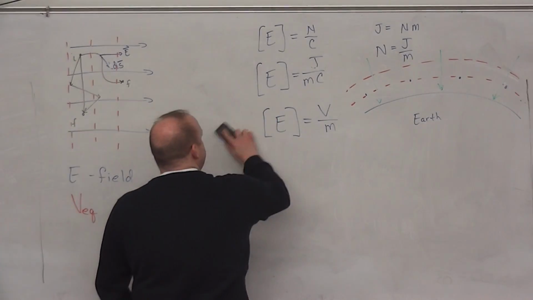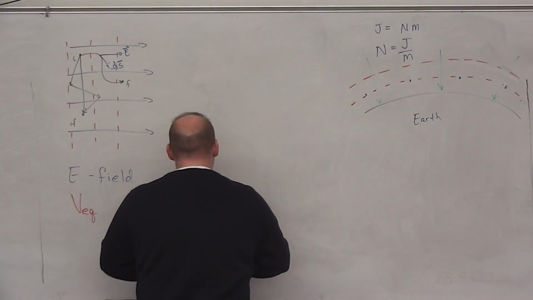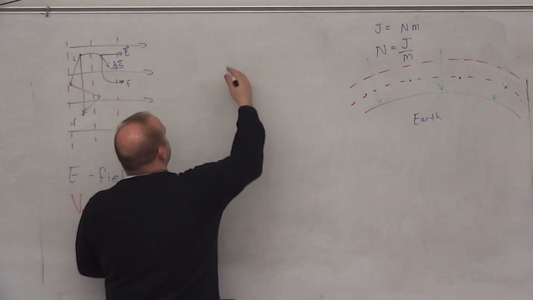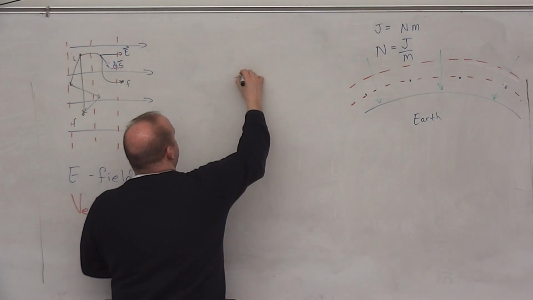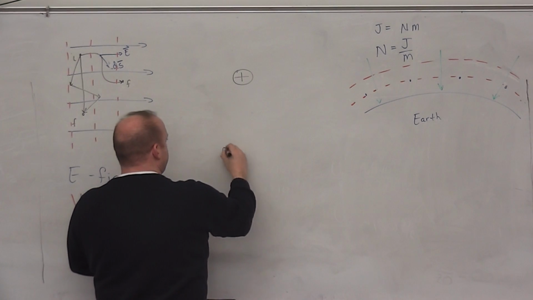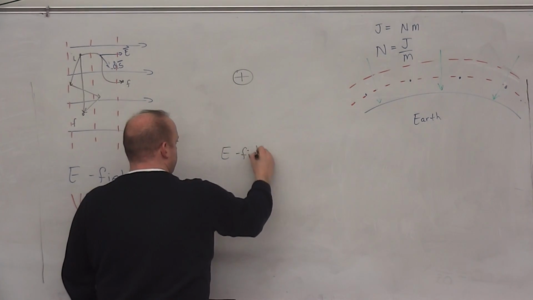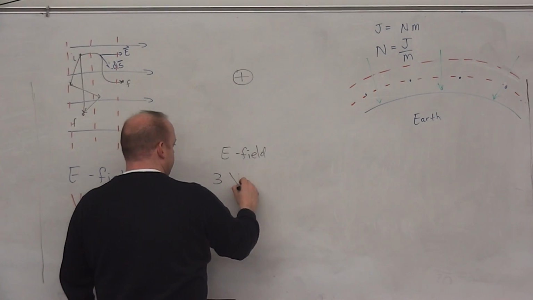One thing to do in addition with your homework: let's just say I have a positive charge here. I want you to draw the electric field and 3 equipotential surfaces.